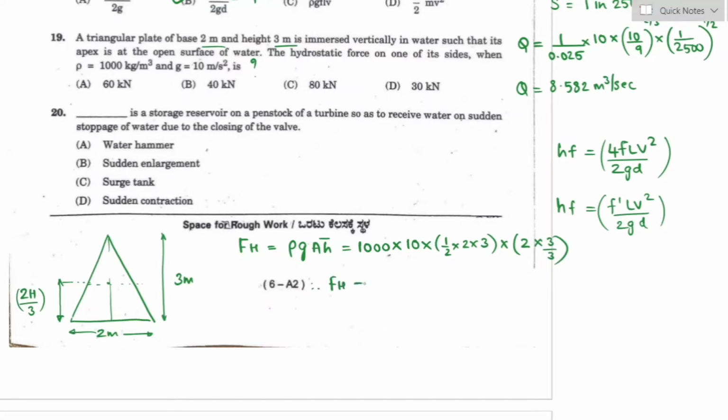Therefore hydrostatic force is equal to 60,000 newtons which is equal to 60 kilonewtons. So option A is the right answer.